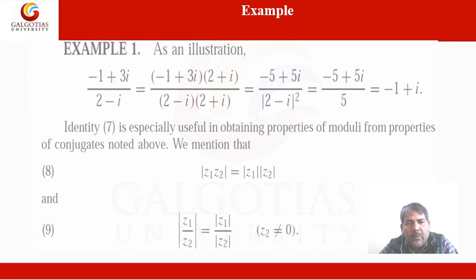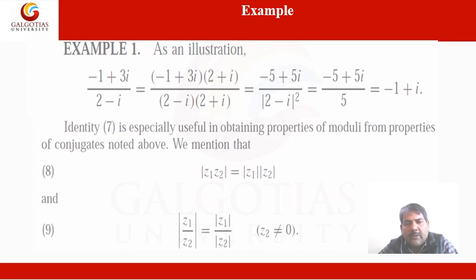Now see the example. Minus 1 plus 3i divided by 2 minus i, which is equal to minus 1 plus 3i into 2 plus i divided by 2 minus i into 2 plus i. So here we multiply by the complex conjugate of 2 minus i in numerator and denominator.